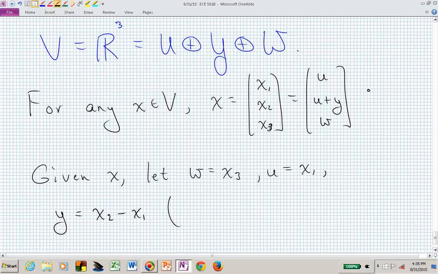So now Y would be some combination of the original X that we were given, since if we look at X2, that's equal to U plus Y, and we've already specified U, which was X1, and now we can just solve for Y to obtain X sub 2 minus X1. So now we've specified W, U, and Y in terms of the given X1, X2, and X3.